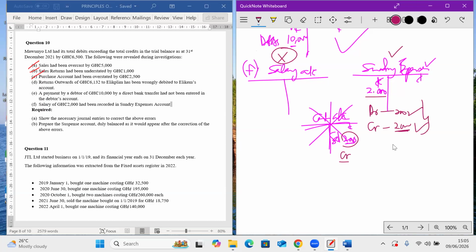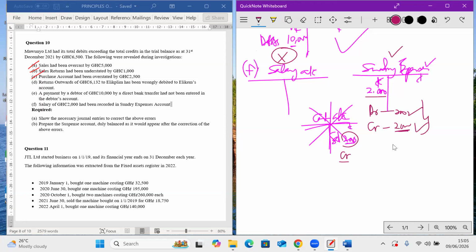Despite the fact that it's not the same account, we are not concerned about that. We want to know whether it affects or does not affect. How do you know it affects? We check the amount involved. Is it the same in the two accounts? If it's the same, then we check whether one account is debited and the other is credited with the same amount.